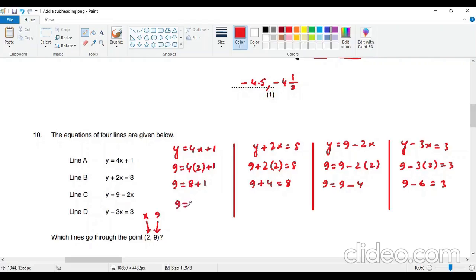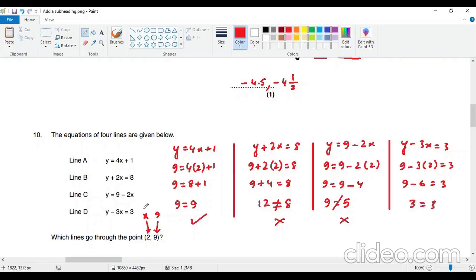This one is saying 9 equals 9, which is perfect. This is the equation. And this one, 13 is not equal to 8, that means this is not the one. So 9 equals 9 minus 4 gives you a 5, which is not equal to 9. So this equation will not fit. This is 3 equals 3.